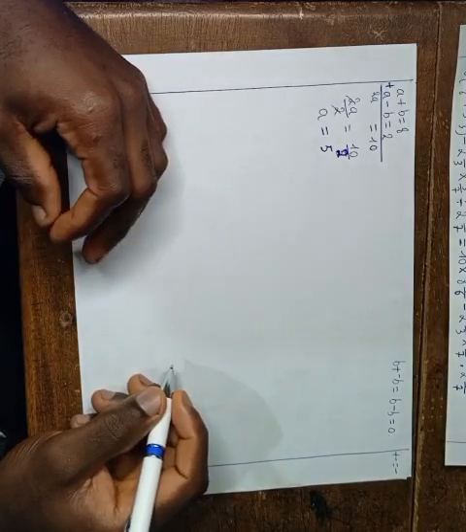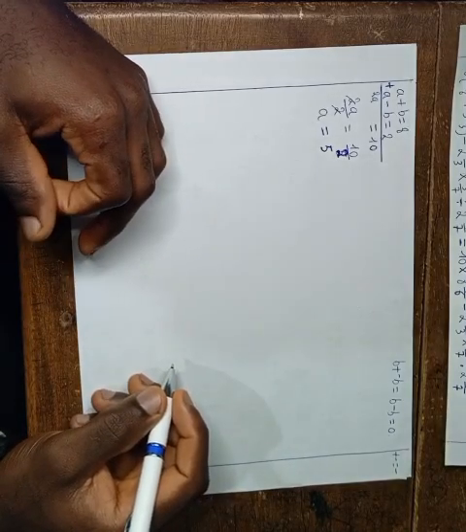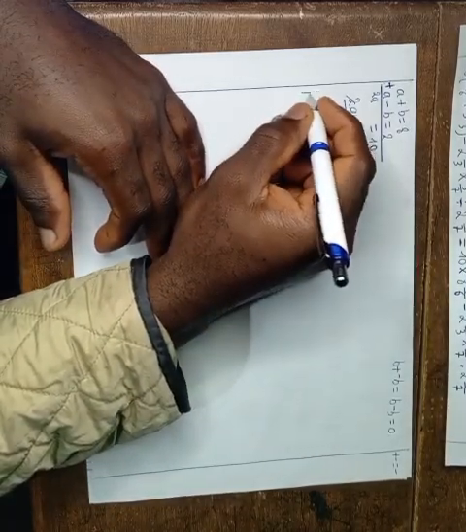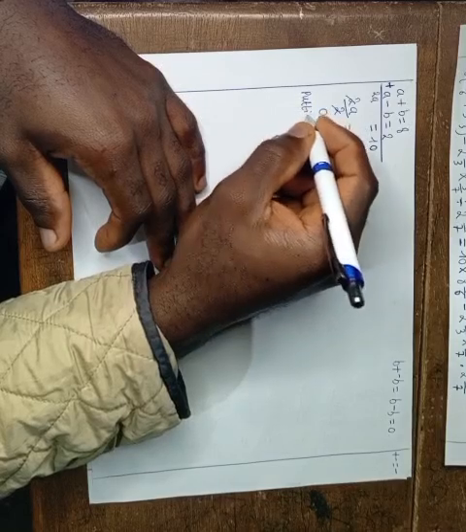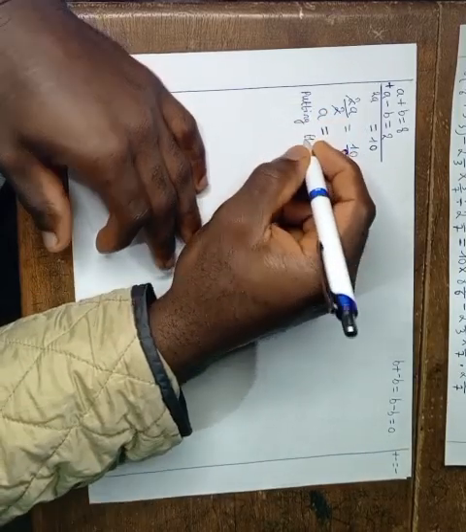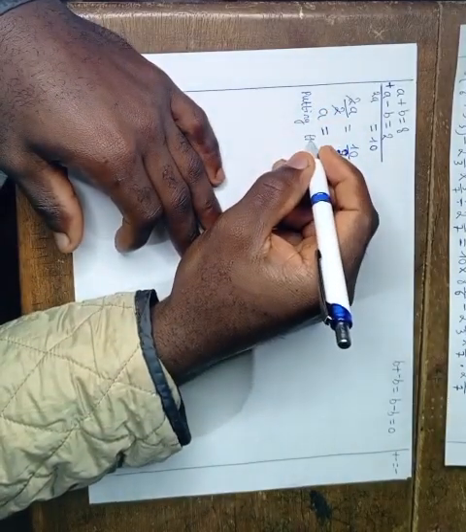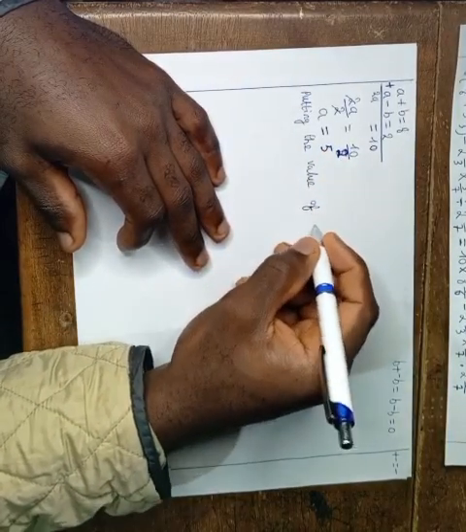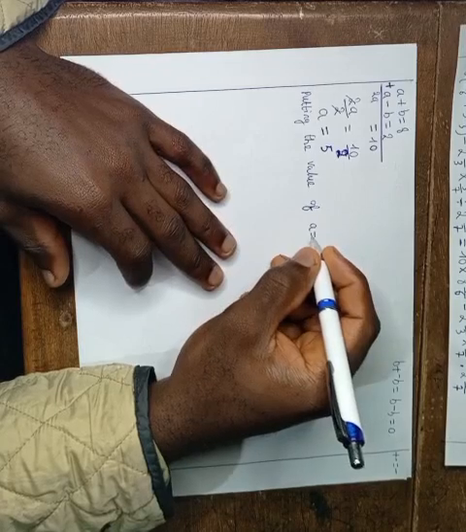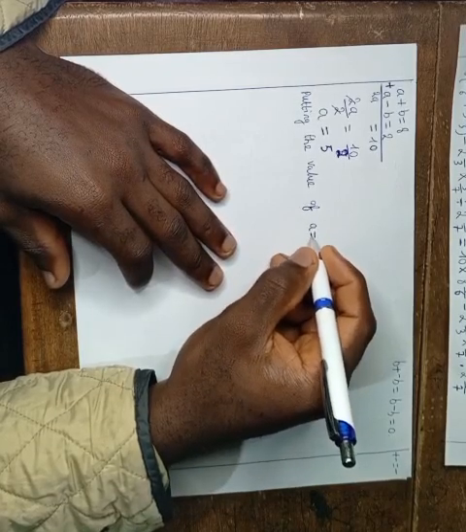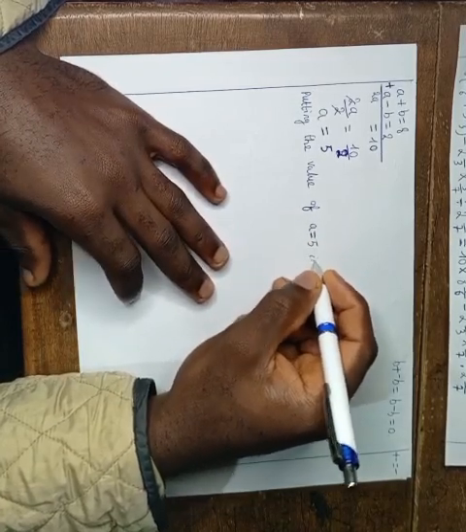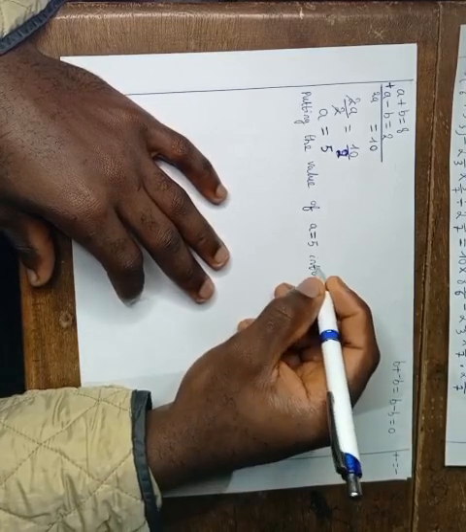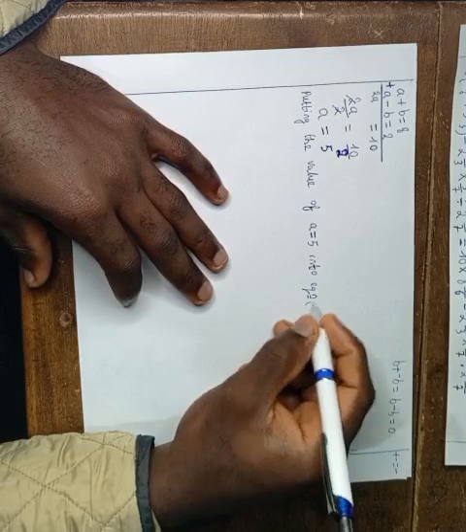Next, after finding the value of A, we need now to get the value of B. For us to get the value of B, we are going to put in the value of A. We know A is equal to 5. Putting the value of A equal to 5 into any of the equations of our choice, let's take equation 1.